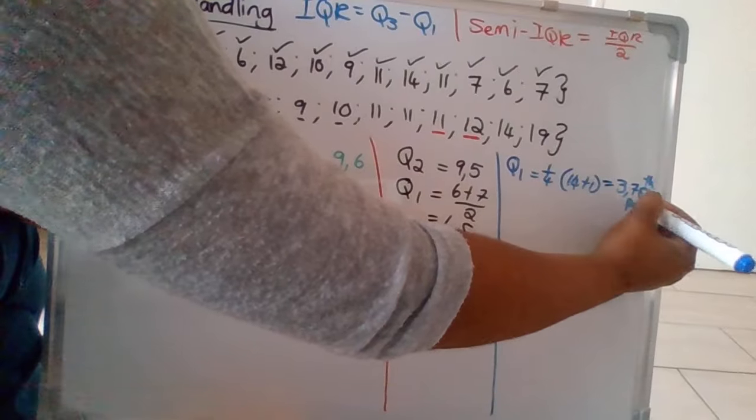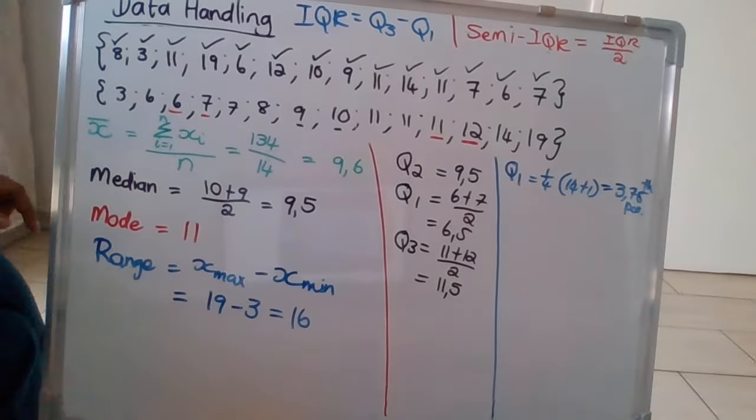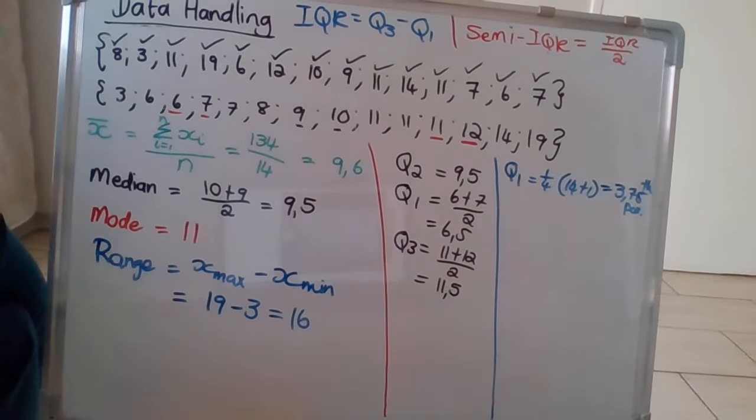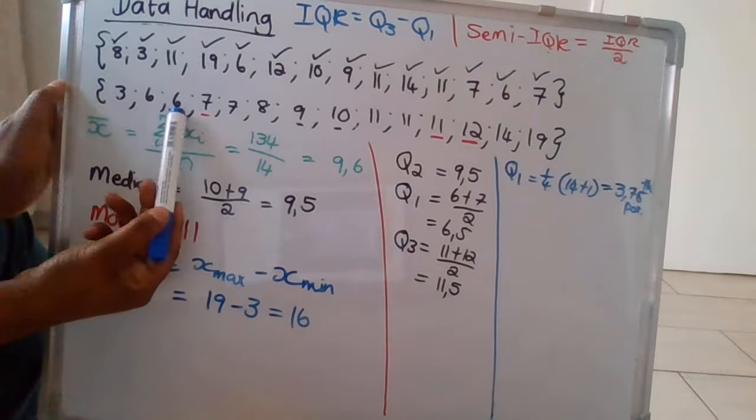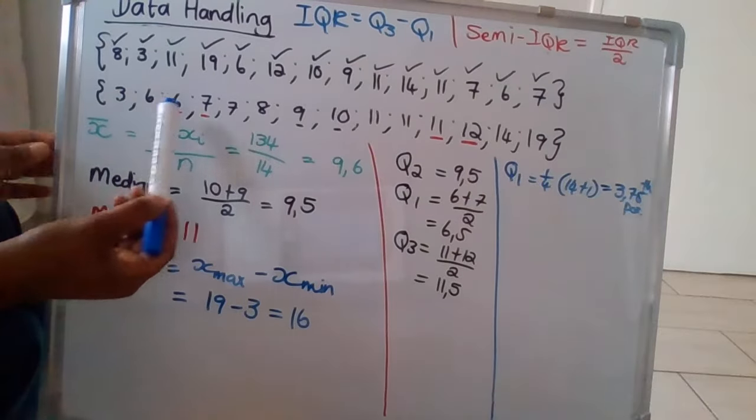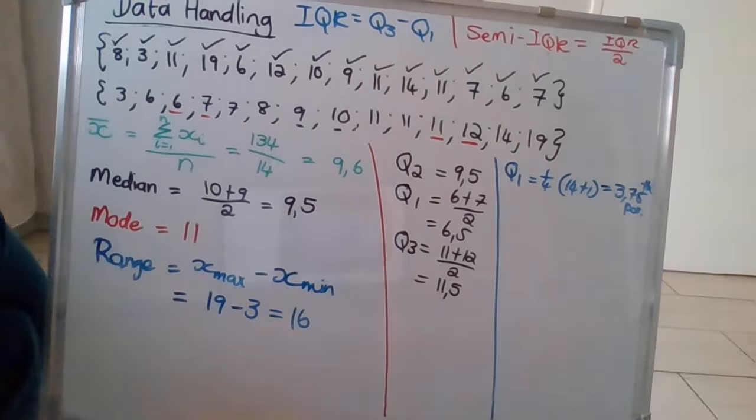So it tells me the position. That's not the answer, it's just the position. So then I must go to my third and fourth position. So my third and my fourth position.